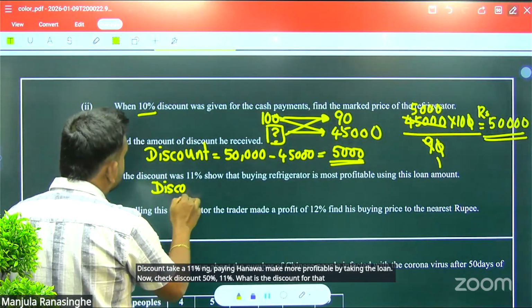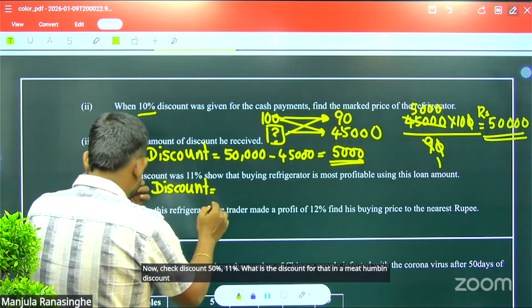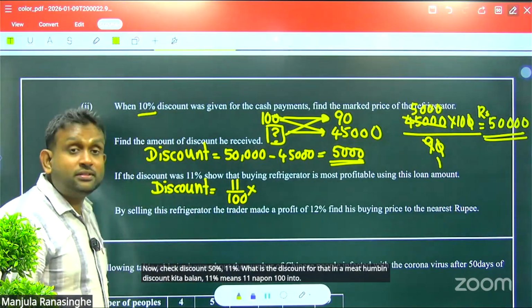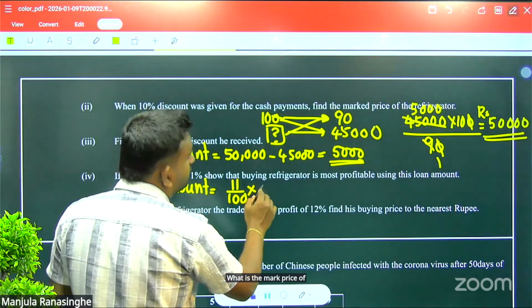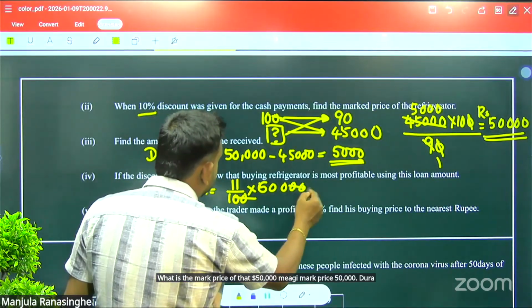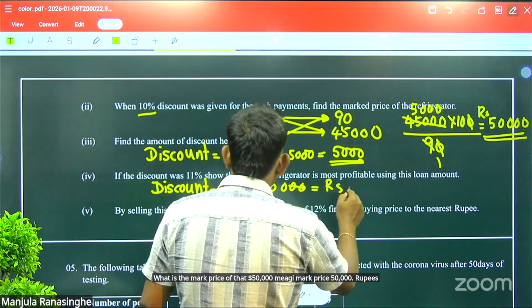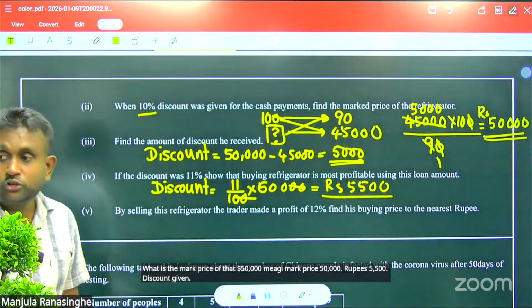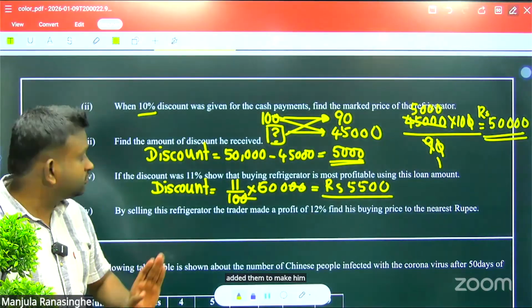So see what discount he gets. 11% means 11 upon 100 into the marked price of 50,000. His marked price is 50,000. Cutting 2 zeros, rupees 5,500 discount given. Right? So the discount is 5,500.